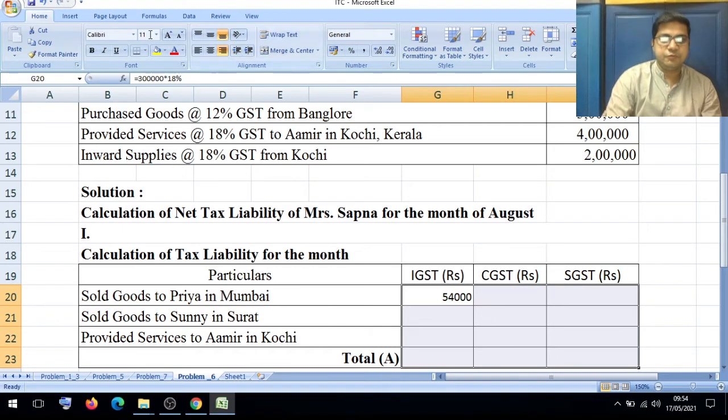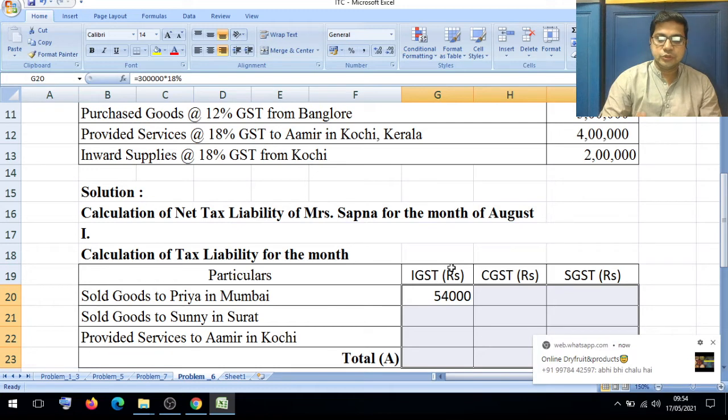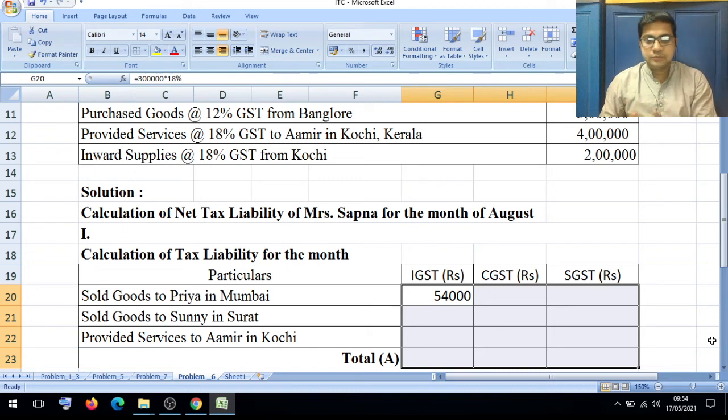It is GST, but more precisely it is IGST, because goods are transferred from Kerala to Mumbai. Therefore it is an interstate transaction. So we have to put this amount 54,000 directly in the IGST column. It is IGST tax.